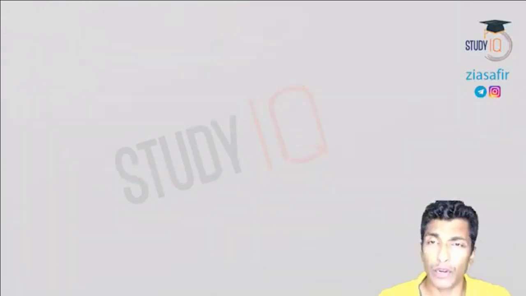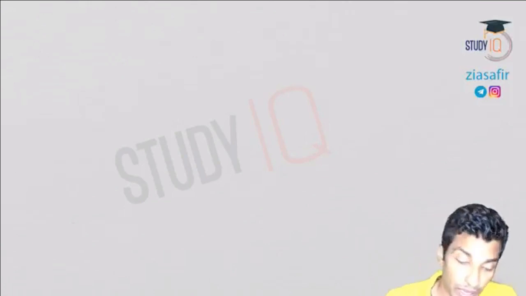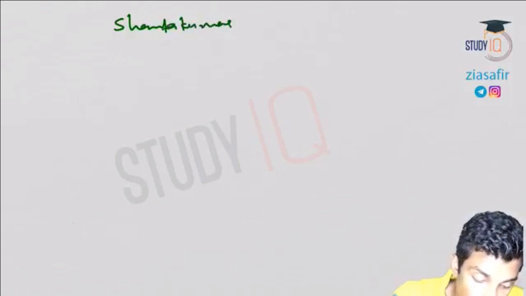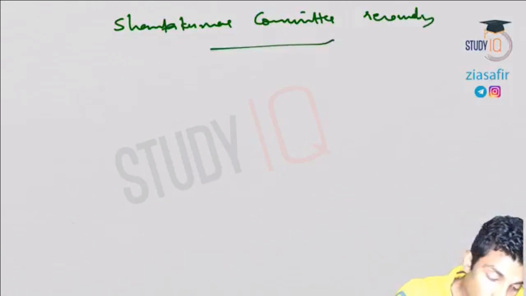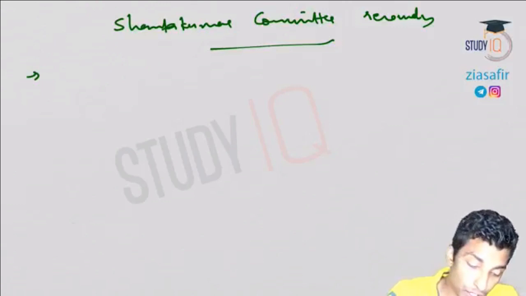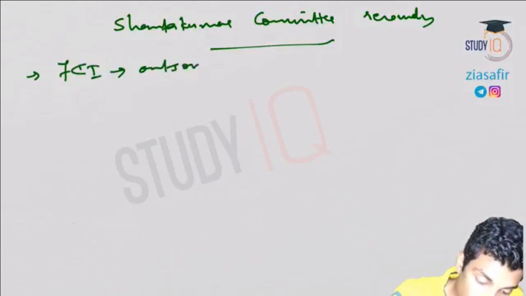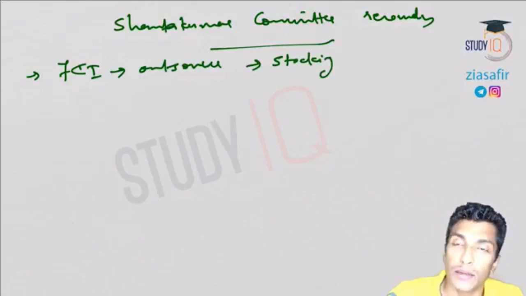Okay. We will quickly discuss about Shantakumar committee recommendation on stocking and movement of grains. So Shantakumar committee recommendations. So first recommendation is FCI should outsource its stocking operations. I've told you already, stocking is the main problem.